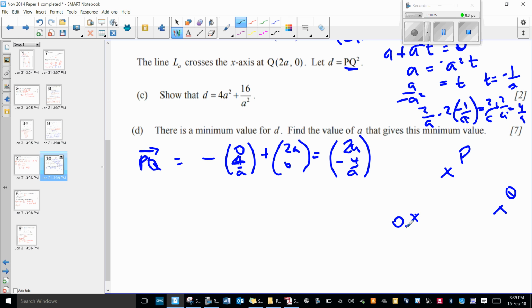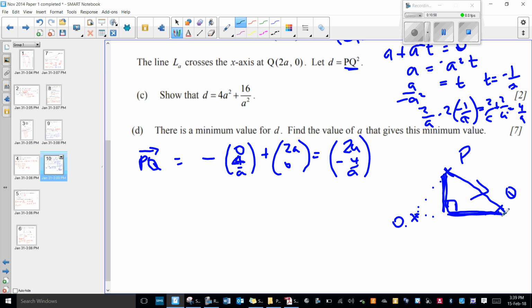So we're going from P to Q. We went the reverse along P and the positive direction on Q. We now have this as a vector, so we can find PQ squared by taking this measurement and this measurement, which are our 2a and our negative 4 over a.